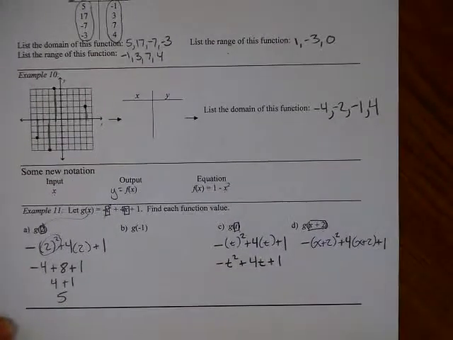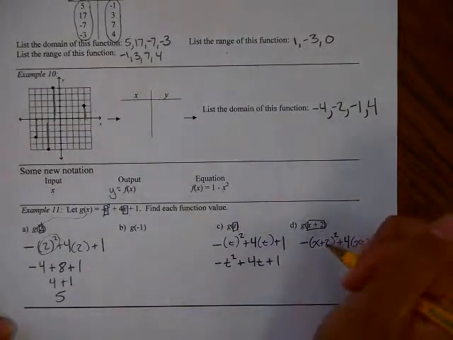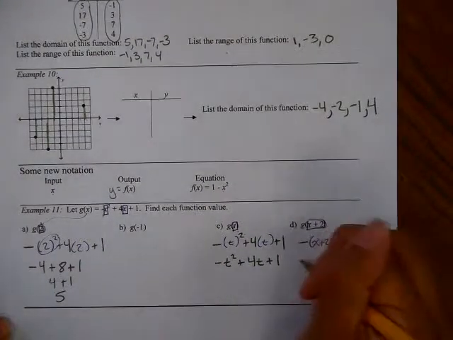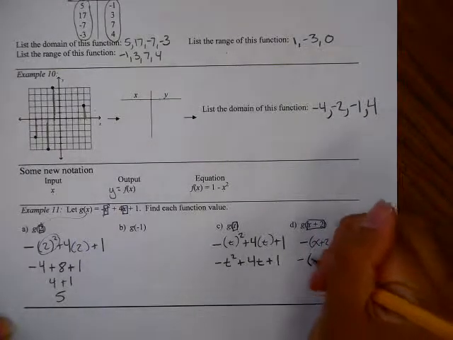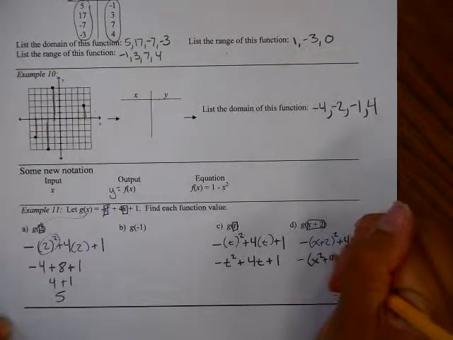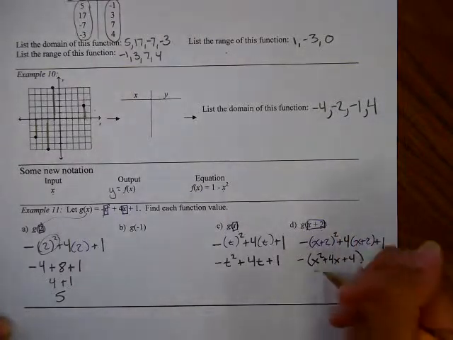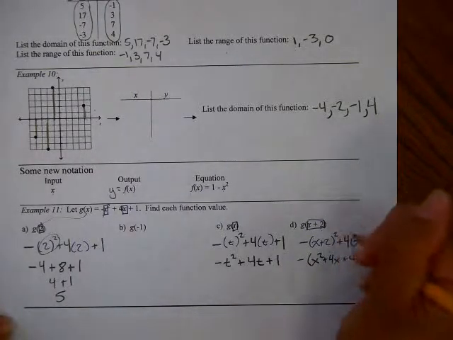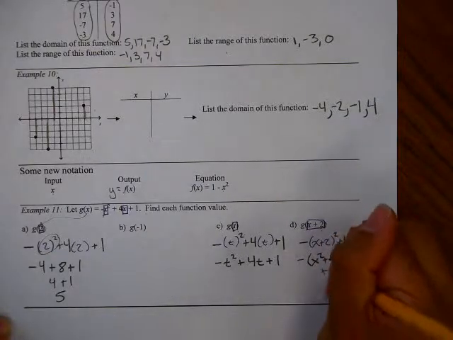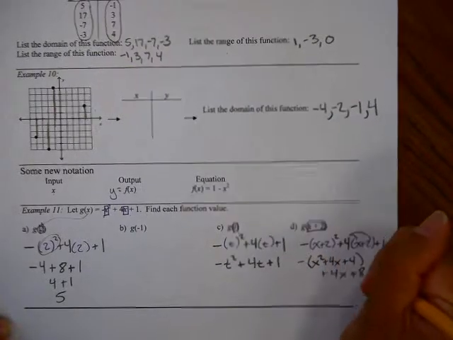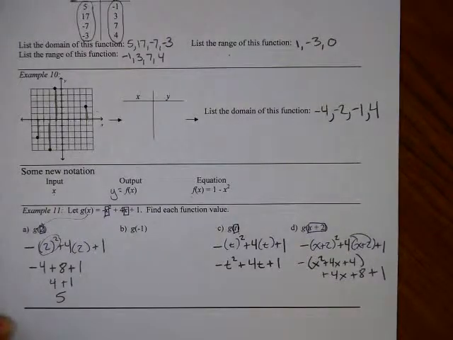So we are going to have some work to simplify this. (x plus 2) squared, we have to FOIL. We end up with x squared plus 4x plus 4. I'm running out of room here, so I'm going to continue it on the next line. Plus 4x plus 8 plus 1.